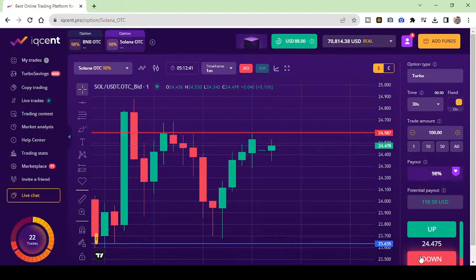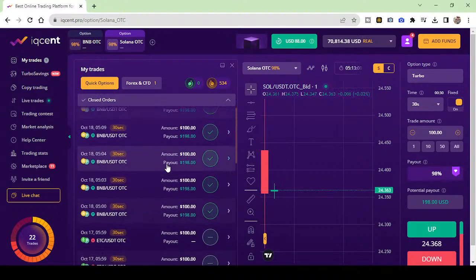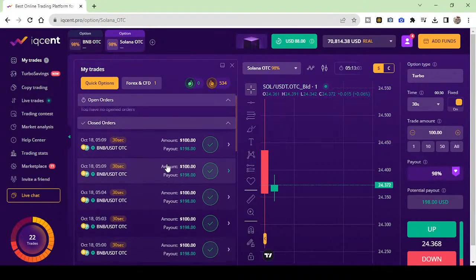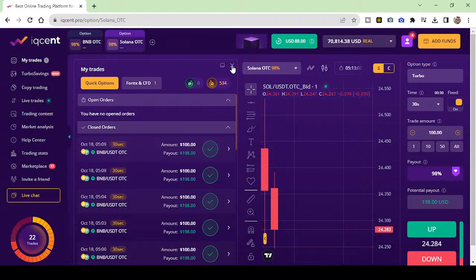Let's see. So we have until now been trading for 12 minutes. We have taken, let me see, 1, 2, 3, 4, 5 trades, and we have won all of them.